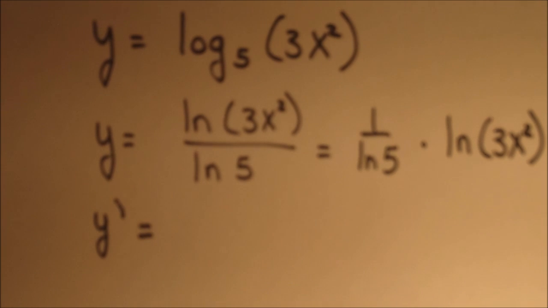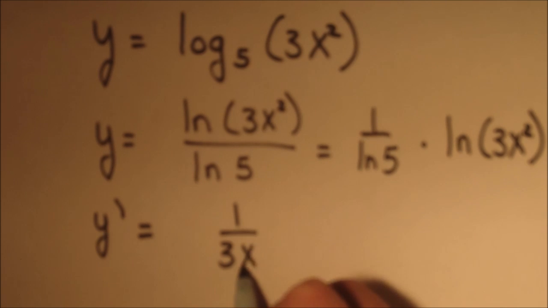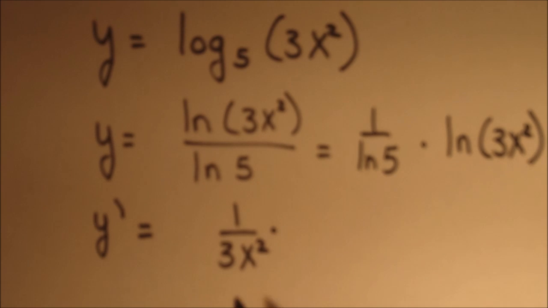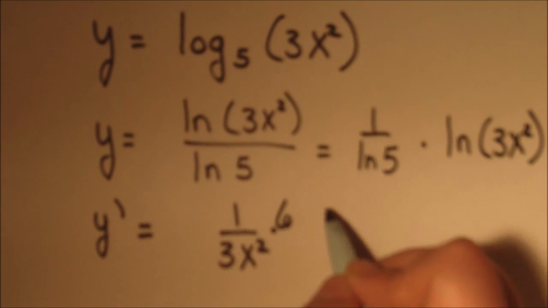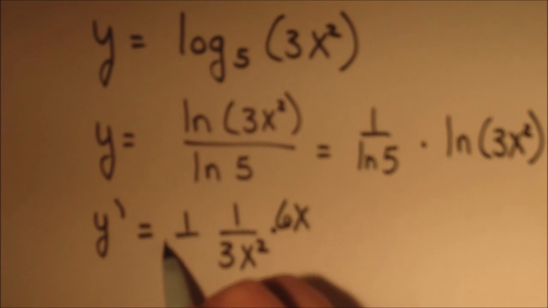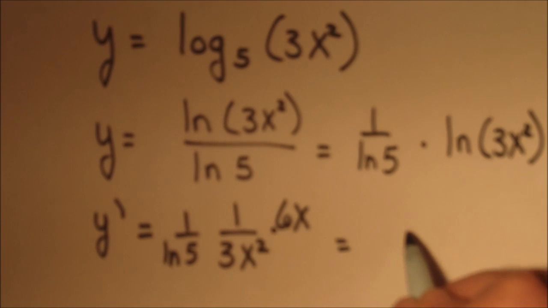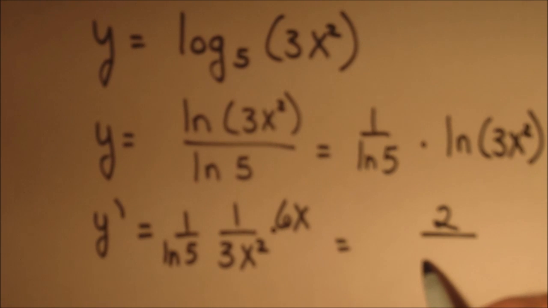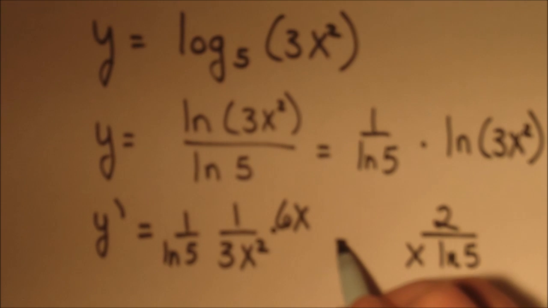So the derivative would be 1 over 3x squared times the derivative of that, 6x, and multiply that by 1 over natural log of 5, which is equal to 2, I'd have an x left, and I'd have a natural log of 5 left.